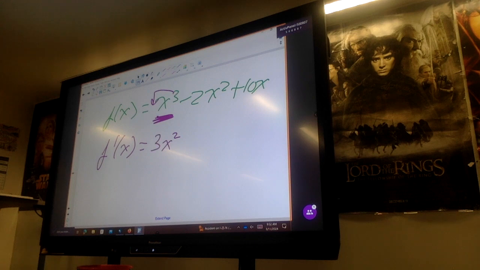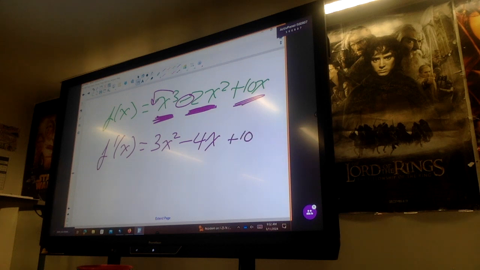See where the 3 came from? You see where the 2 came from for the exponent. What's the derivative of this middle part? And don't forget that. Minus 4x. Derivative of this, plus 10.